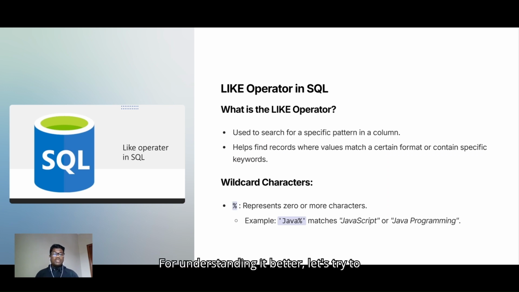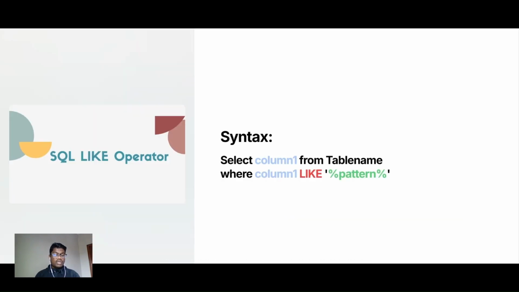To understand it better, let's go through the syntax for how we can make use of the LIKE operator. Since we are using the LIKE operator for filtering data, we will use it with the WHERE clause. So we can select the columns that we want to work with, let's say column 1 and column 2, from the table name that we want to work with. Then we will specify the values on which we want to filter the data. So we will use the WHERE clause and then specify the column that we want to work with, let's say column 1.